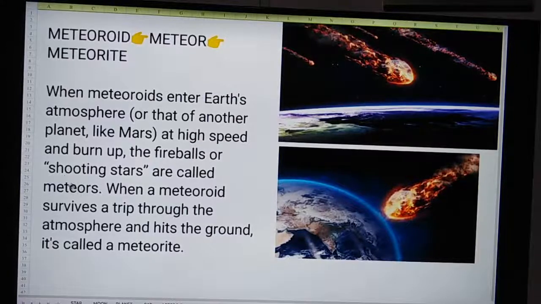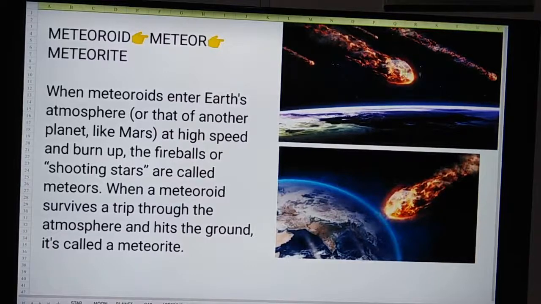A meteor, that is that fireball-shaped meteoroid moving at top speed, like what you see over here.